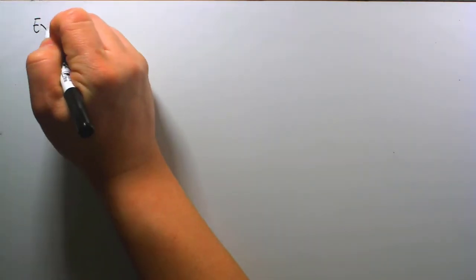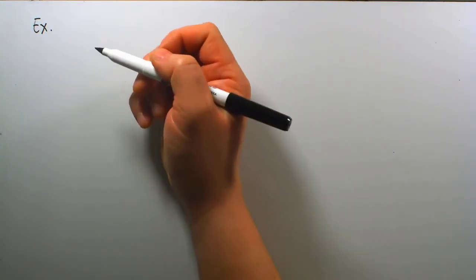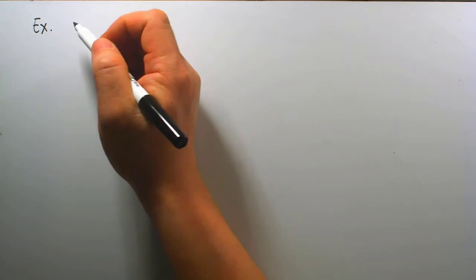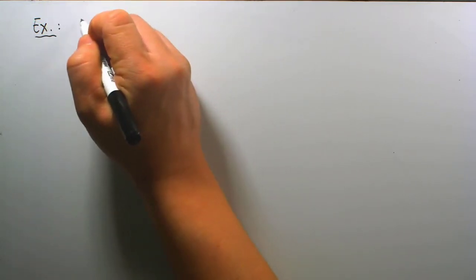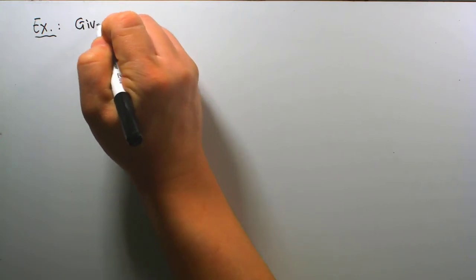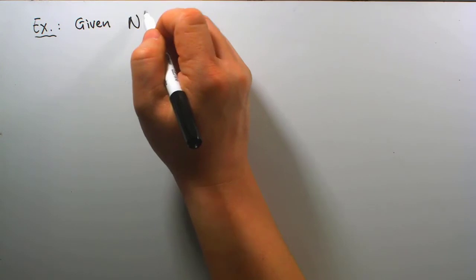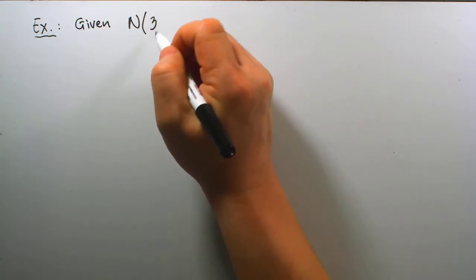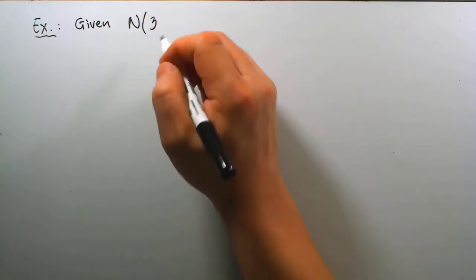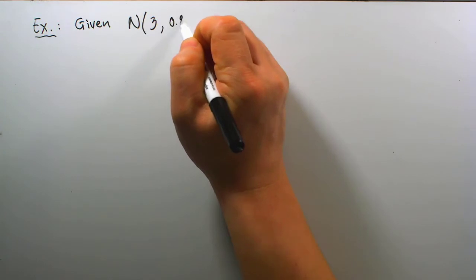And so now I am going to bring up an example to unlock what that close connection between any general normal distribution and a standard normal distribution is. So in our example, let's say we are given a bell curve that's having mean at 3 and standard deviation 0.25, for example.